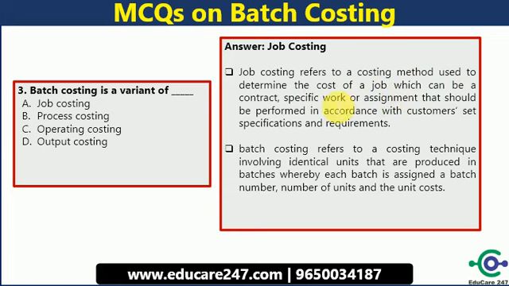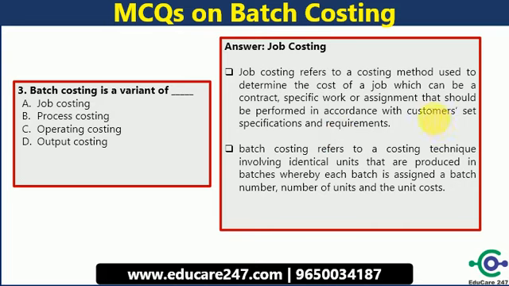What is a task? A task is itself a produced product, a particular job which requires a lot of materials, direct and indirect labor, overhead cost, and raw material to perform the task. That is job costing.